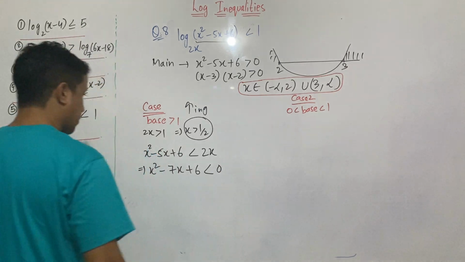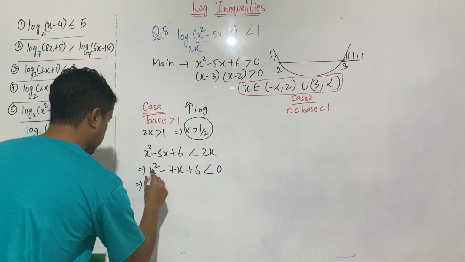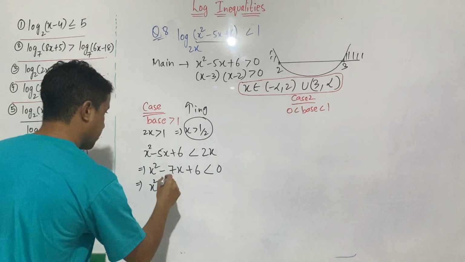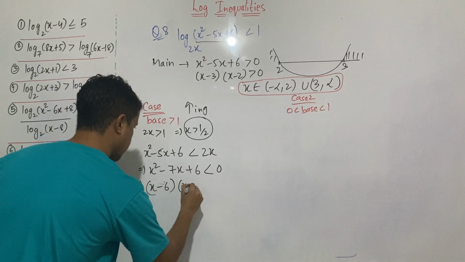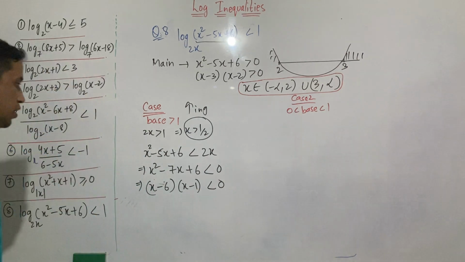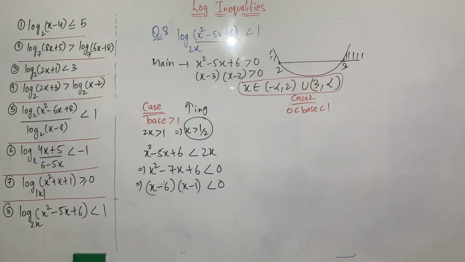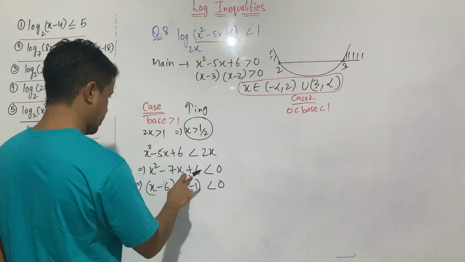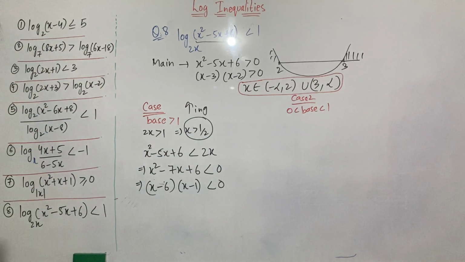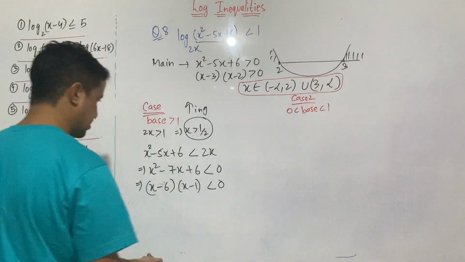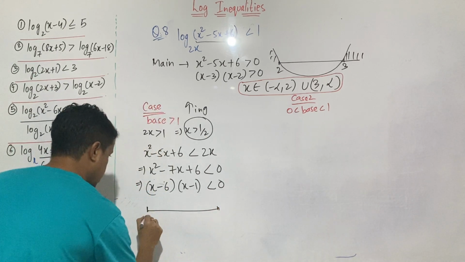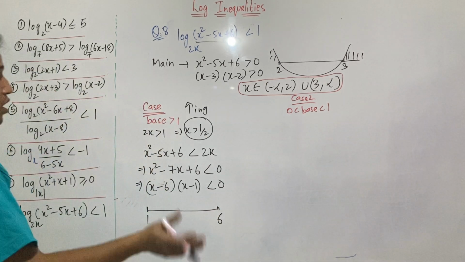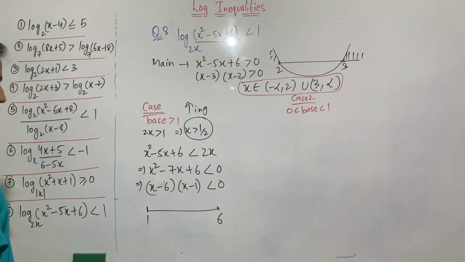So x square minus 7x plus 6 factors as (x minus 6)(x minus 1) less than 0. This is a quadratic; the critical points are 1 and 6.